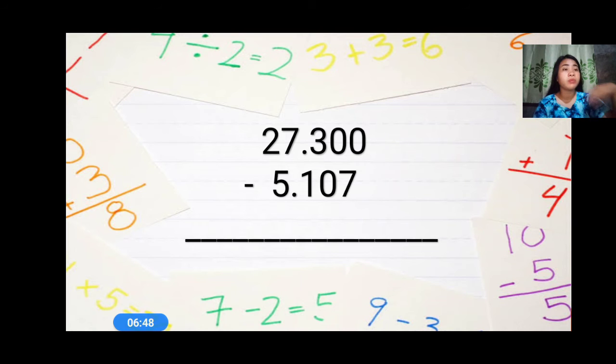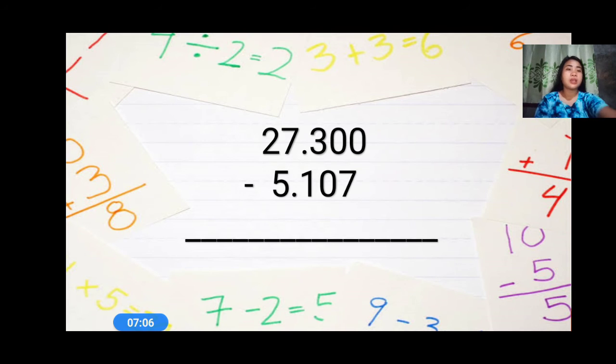Okay, the moment we are done putting zeros and putting the decimals in the same column, we are going to add or subtract. Now, what is the sign here? We have the minus sign, meaning we are going to subtract.